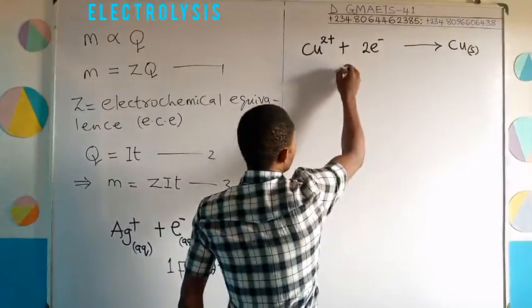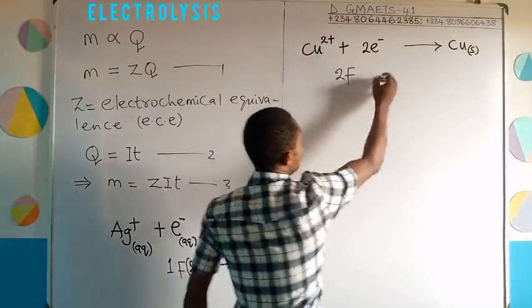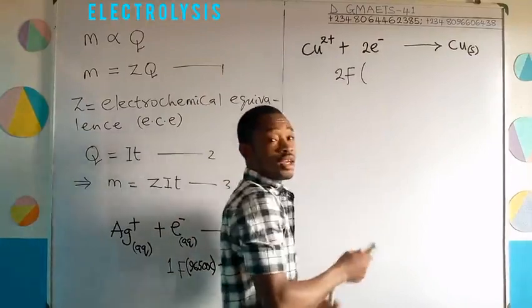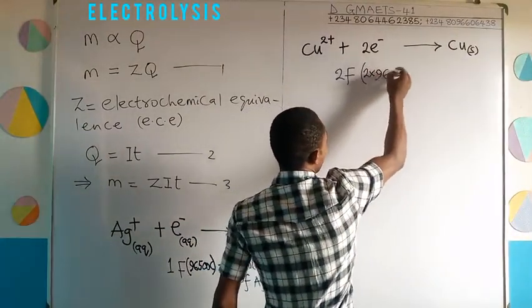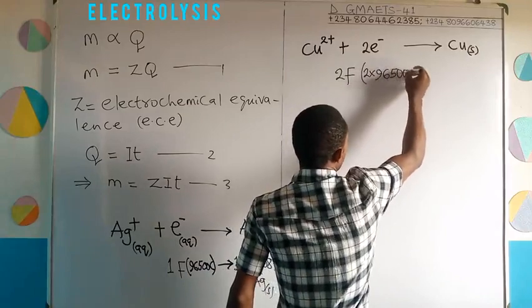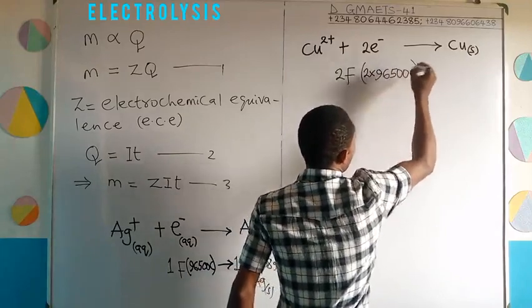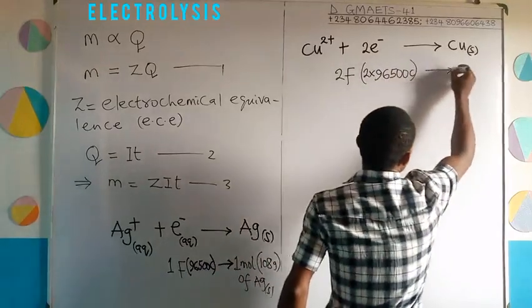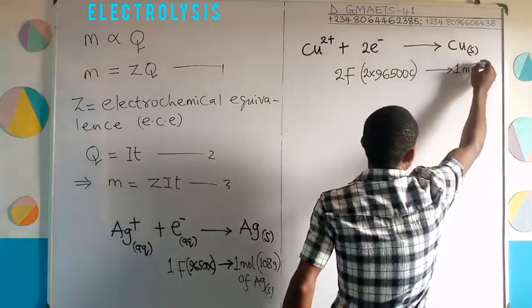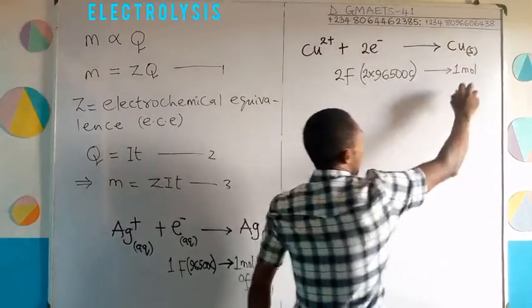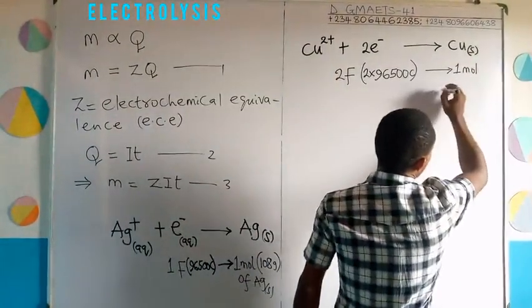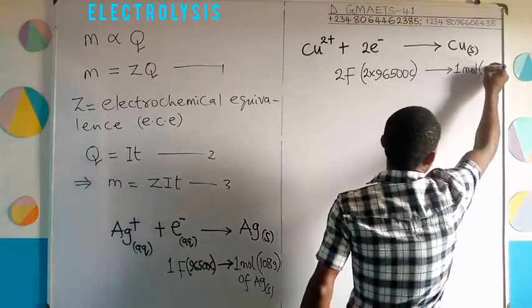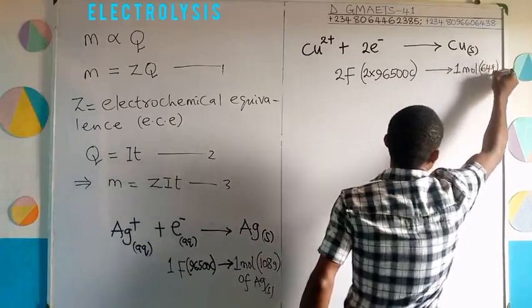So from here we know as a standard that 2 Faraday, which is 2 times 96,500 coulomb, is expected to discharge 1 mole of this metal. And 1 mole of copper, we are using copper as an example, is about 64 grams.